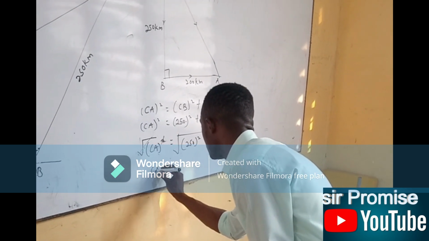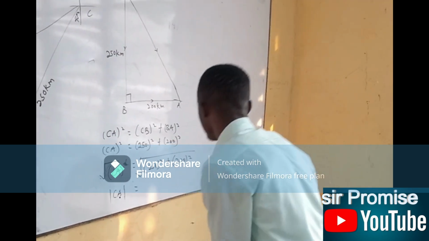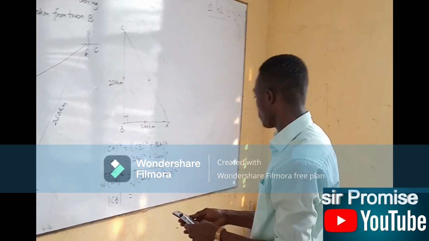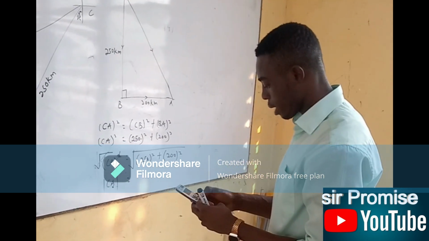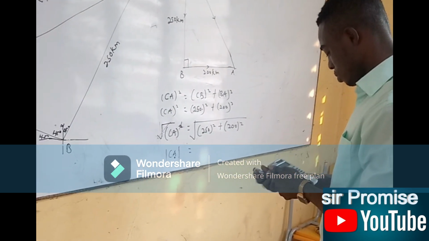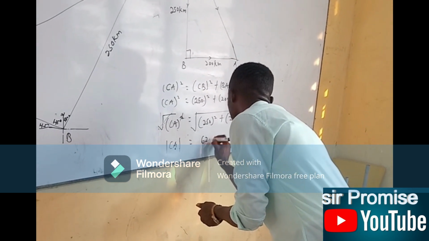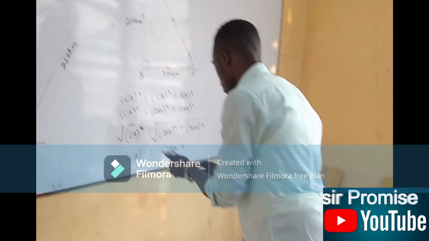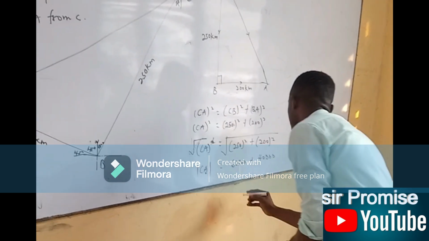So we have CA, the distance from C to A. So now, if you have 250 squared, that is going to give you 62,500. So we have 62,500 plus 200 squared, which is going to give you 40,000.